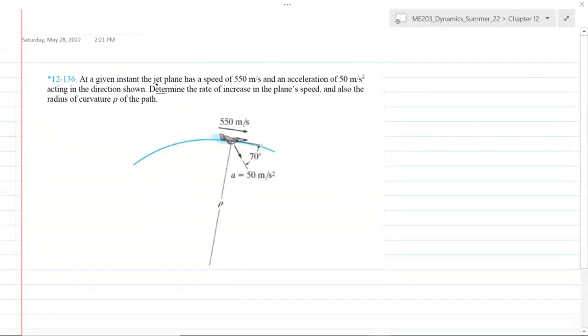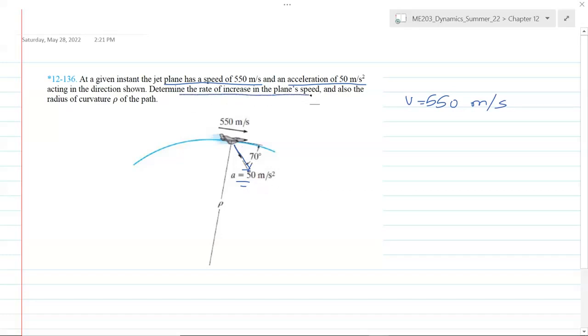At the given instant, the jet plane has a speed of 550 meters per second. So v is 550 meters per second and an acceleration of 50 meters per second square acting in the direction as shown. So the acceleration that is given to us is in this direction, and that is 50 meters per second square.